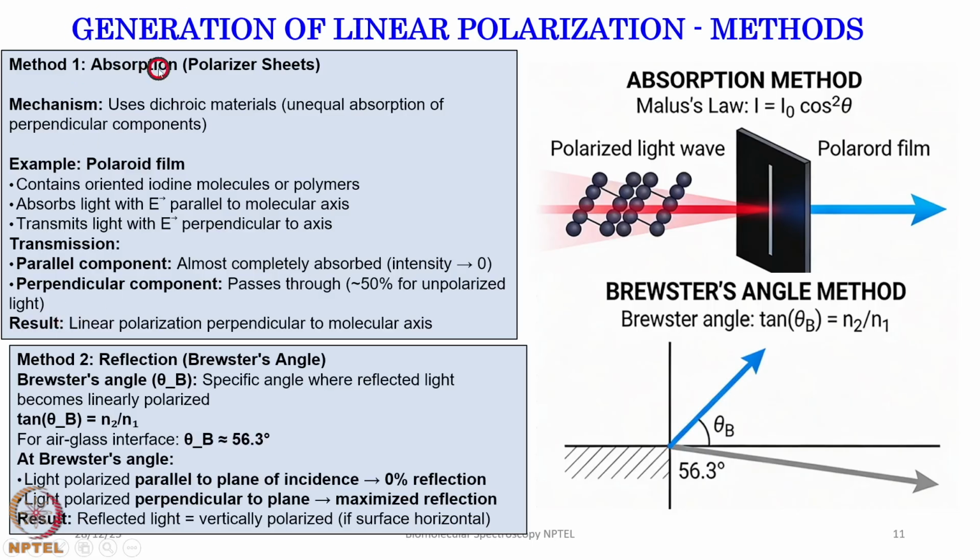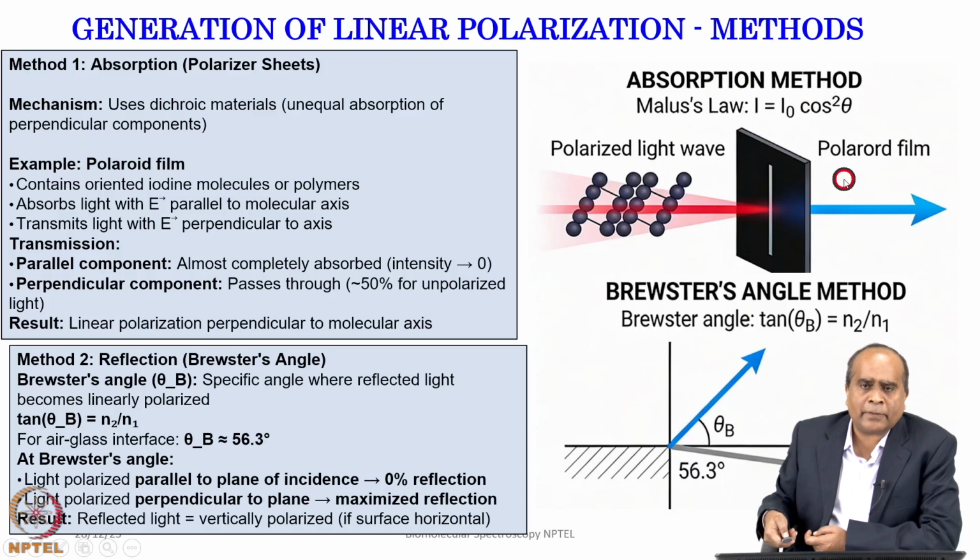Now, how do we essentially generate linearly polarized light, right. As I said, we start with unpolarized light, we put a polarized film here, and when this light goes through, it gets linearly polarized and follows Malus law, I equal to I 0 cos square theta. The method is first absorption: the light is getting absorbed by polarizer sheets.